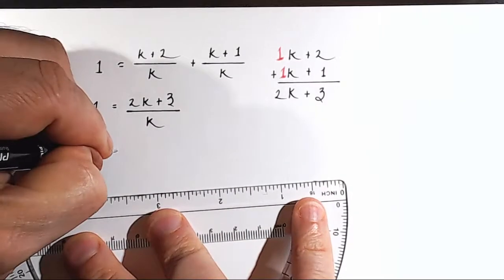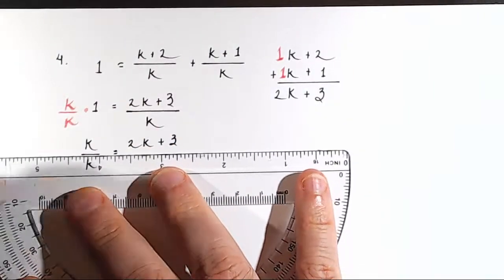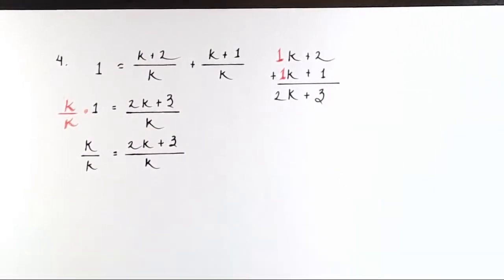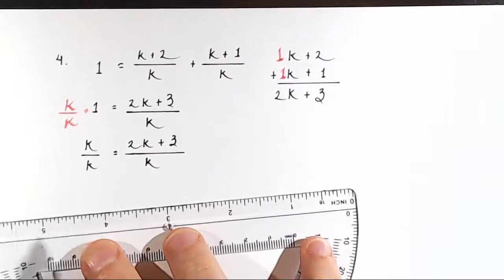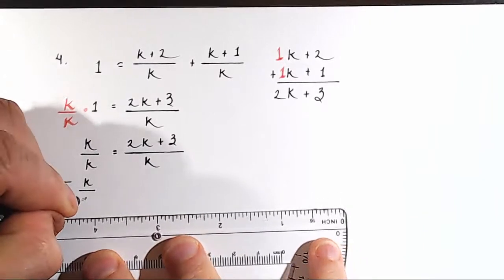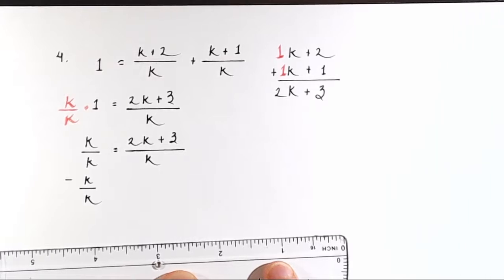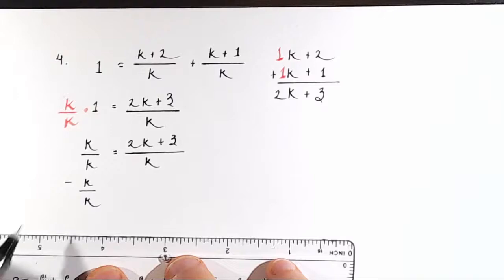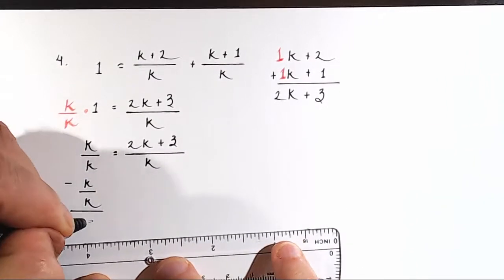So I'll just finish rewriting this. Equals 2k plus 3 over k. And again, now the question is, now what? All right, well, we can subtract k over k from both sides. And remember, this is one of many ways to do this problem. There's not a right way or a wrong way. There's just ways. So anyway, k over k minus k over k is just 0.